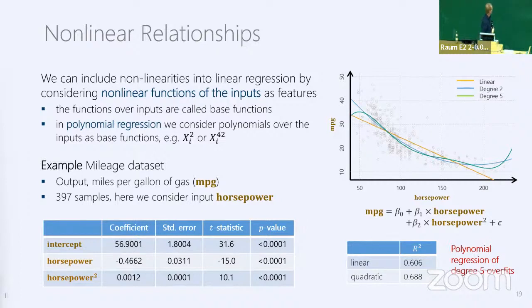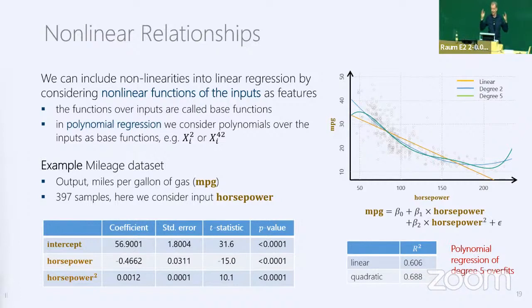So what do we get here? Horsepower squared, the T statistic is nice and high, so it looks good in this particular case. But if we now look at many of them, also look at the R squared for the linear and for the quadratic. Oh, for the quadratic, it's much better. But don't be fooled immediately, because as we saw, R squared increases monotonically.